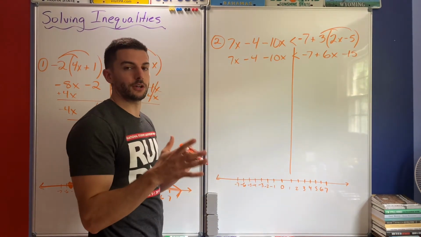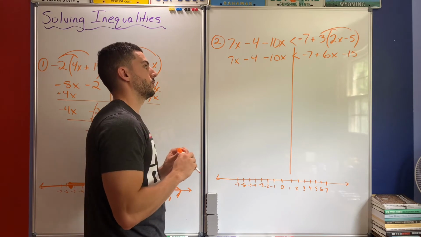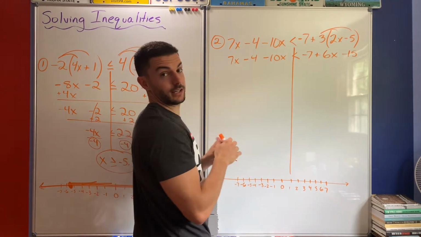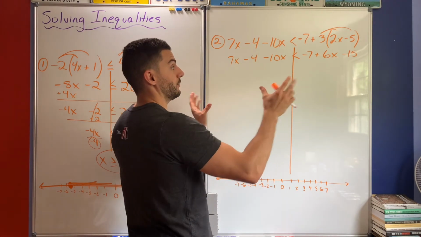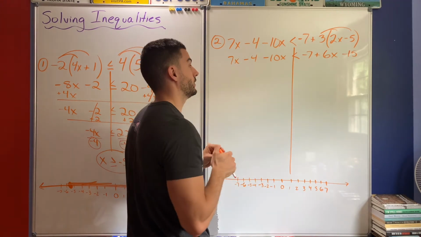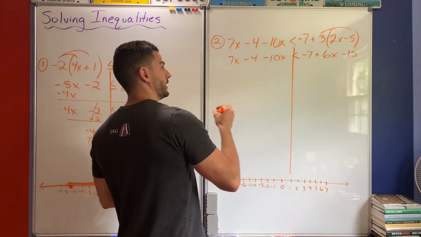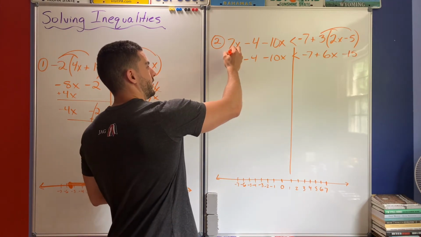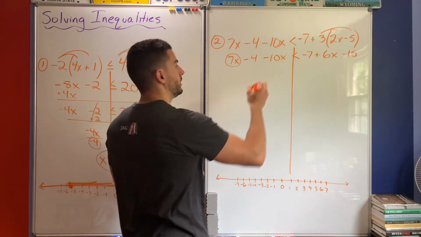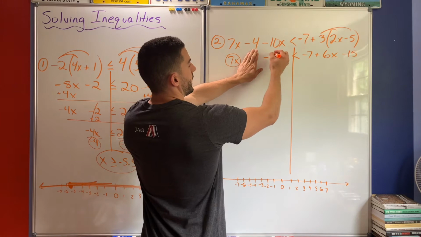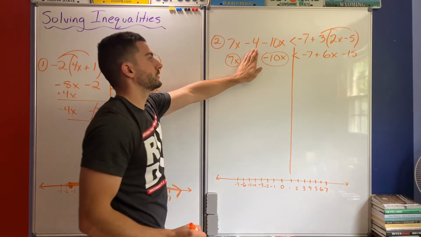There's a lot of terms on both sides, right? And so I want to combine any of those without canceling it. I'm not canceling it. I'm just going to combine on either side so that I can make it a little simpler, make it a little bit less terms, okay? And on this left side, I have a 7x, and so this negative goes with the 4, so I can kind of ignore that, and I have a negative 10x, okay?